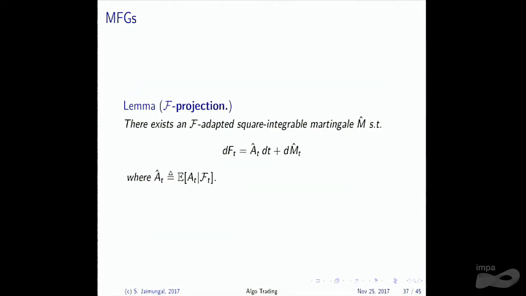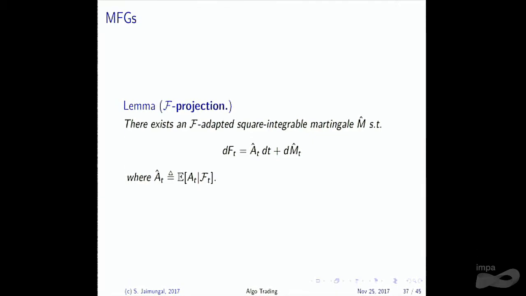Okay, so the first little thing that we do is show something similar to before. We can find some sort of filtered version of the processes such that there is a martingale that is adapted to the reduced filtration, that is square integrable, and the price process can be rewritten in terms of that. And this A hat, actually, that's F, good, so this is correct.